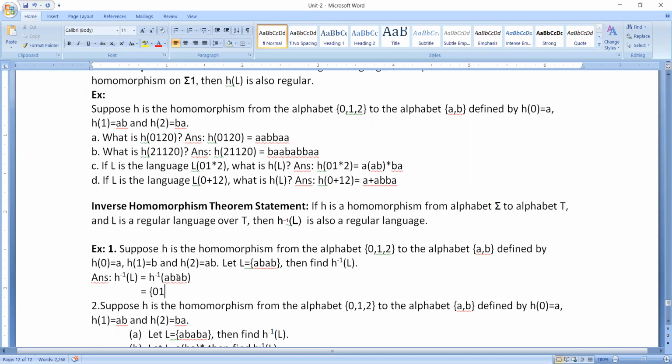Then for the next ab, again small a is 0, small b is 1. Now can we construct the string using this 0, 1, 0, 1 combination or not? Now the required string abab has been constructed using 0101. Yes, this is one combination.